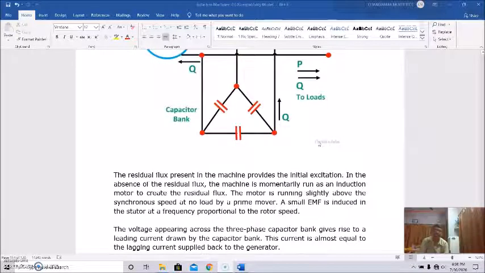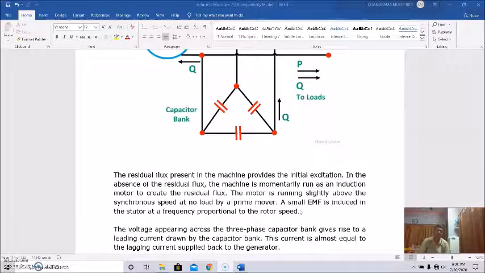The residual flux in the machine provides the initial excitation. If there is no residual flux at all, the machine is momentarily run as an induction motor to create the residual flux. Then the machine is run slightly above the synchronous speed, at no load, by a prime mover.